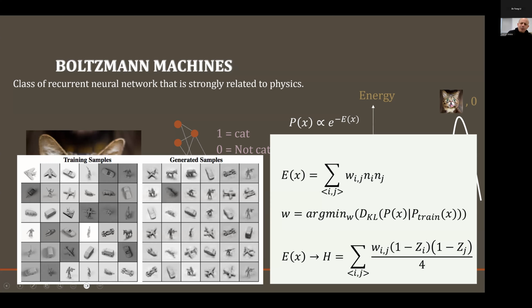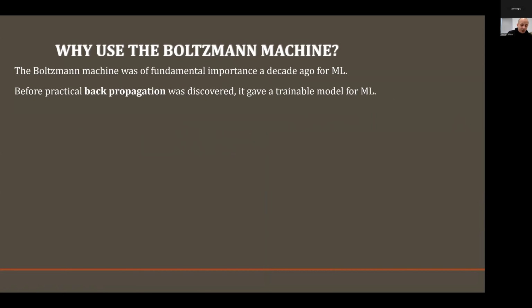So as mentioned, the biggest reason was because it's an early model of neural networks that could be used on early computers where backpropagation was not practical. Another thing that's really great about the Boltzmann machine is that it's naturally generative. Unlike early neural networks, things that don't end up resembling an autoencoder, typical neural networks are not naturally generative.